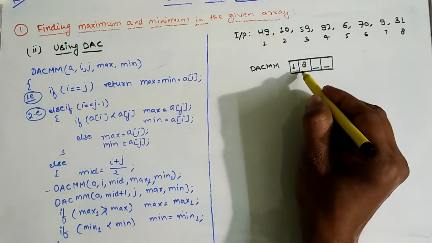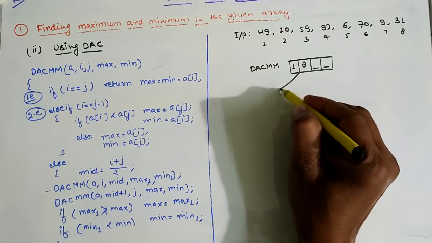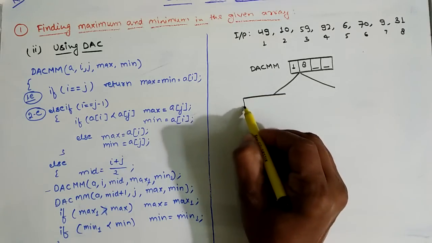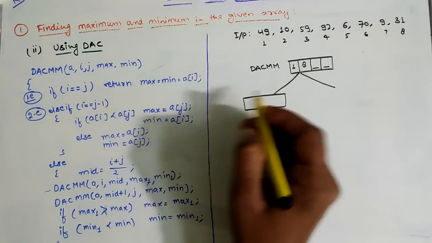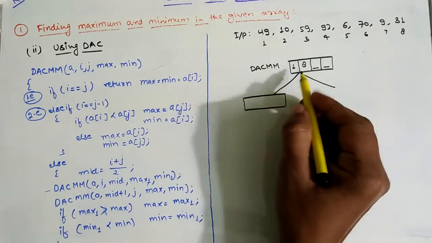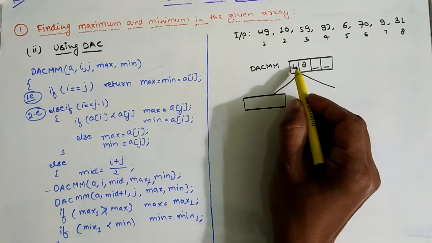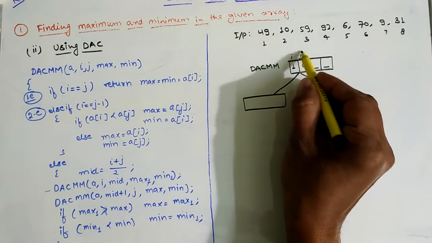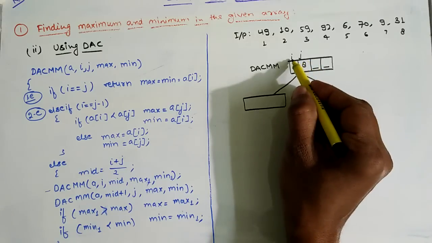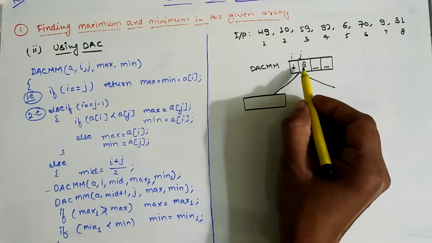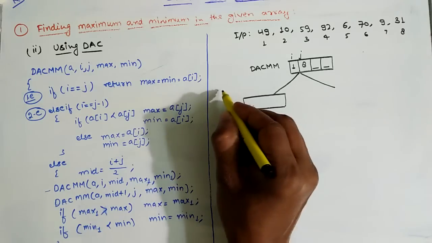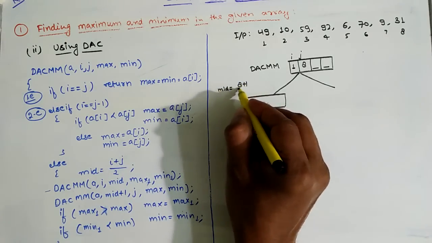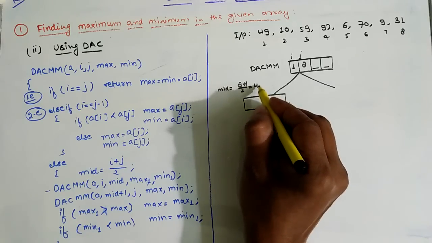So this problem is divided into 2 subproblems. These 2 subproblems have similar steps. Because the problem size is not small, because i and j are not equal, or i is not equal to j minus 1, I need to divide it. I need to calculate the mid. So in order to calculate the mid, I write (8 plus 1) by 2, that means 4.5.